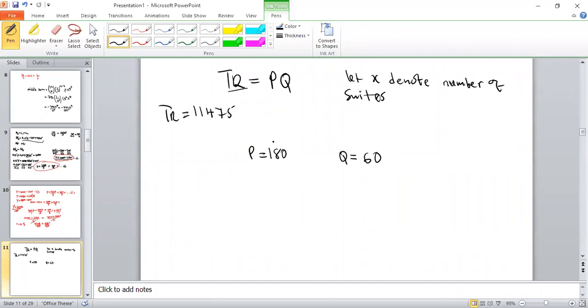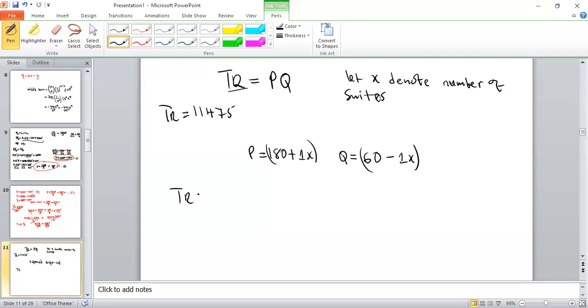Per unit, the price will be increasing by 1 times X, and the quantity will be 60 minus 1 times X, which is what will be variable.